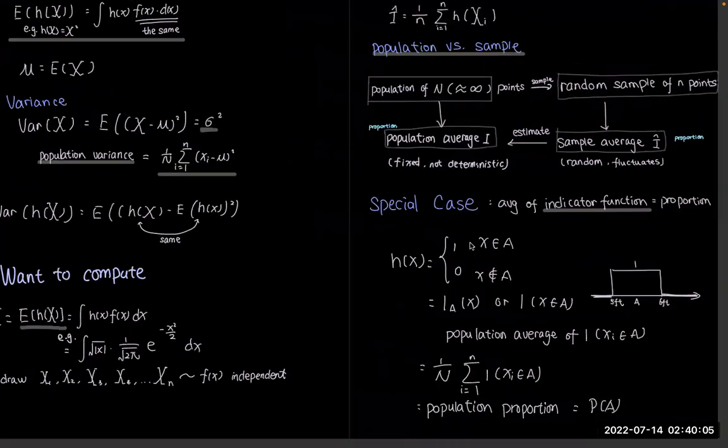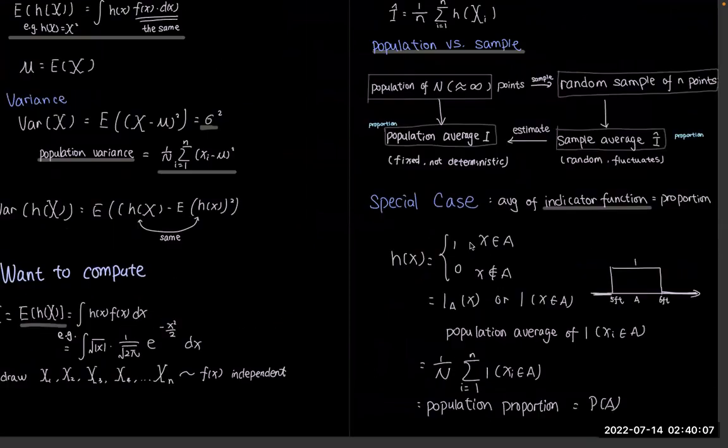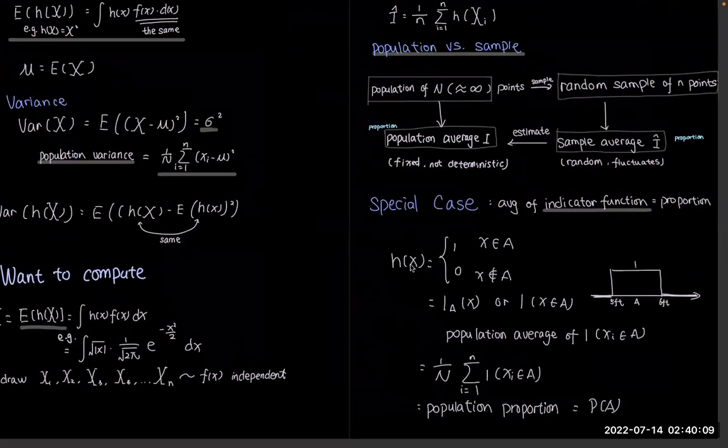A special case: when h is a binary function, then the population average becomes the population proportion, and the sample average becomes the sample proportion, so that we can use the sample proportion to approximate the population proportion. And under random sampling, we know that the population proportion is the probability, right?